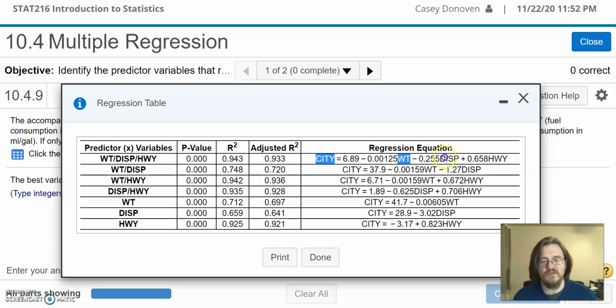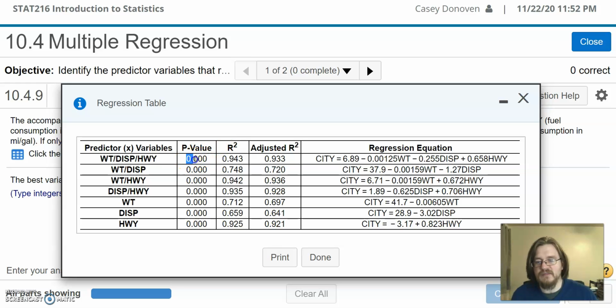They come up with the regression equation. So it's just going to be some numbers. So this is 6.89, minus this number times the weight, minus this number times the engine displacement, plus this number times the highway fuel gas mileage.